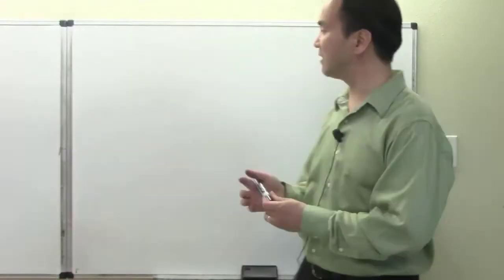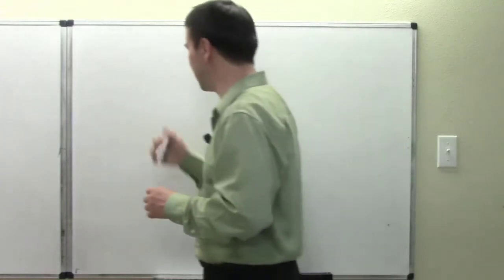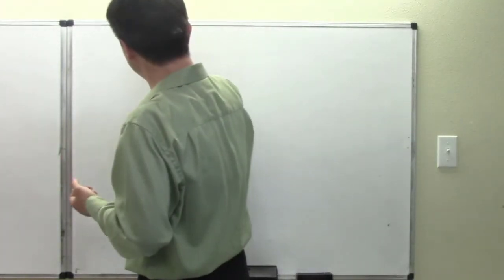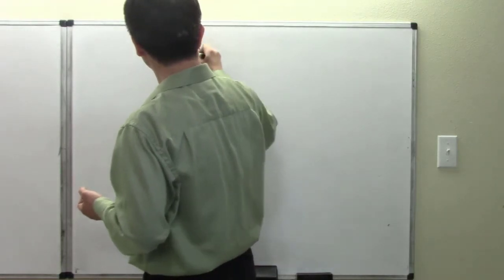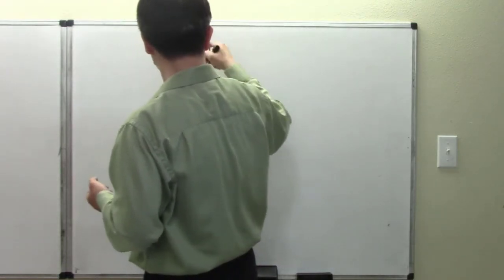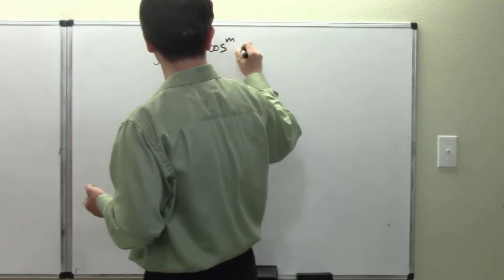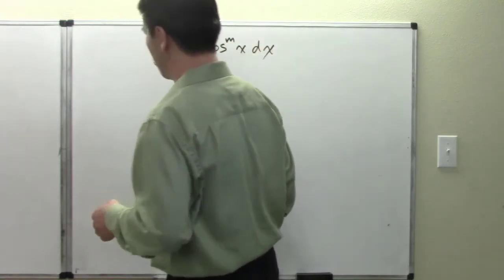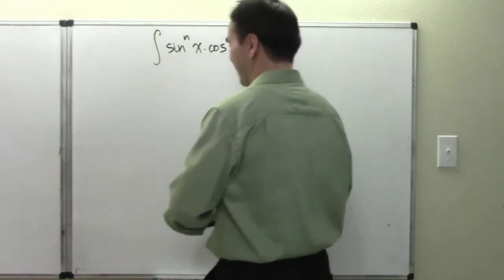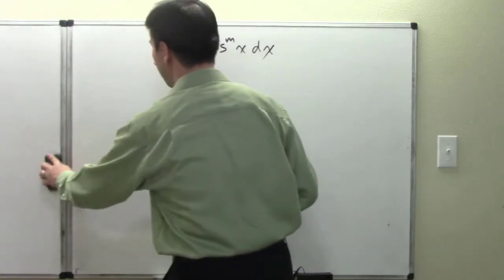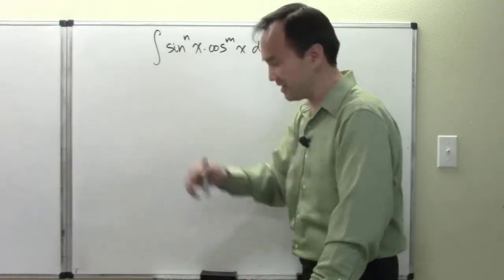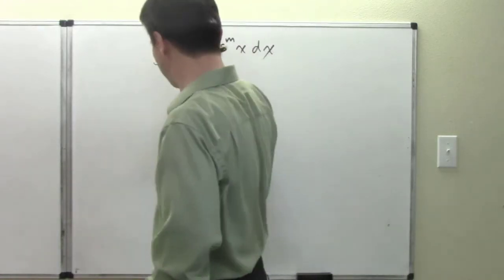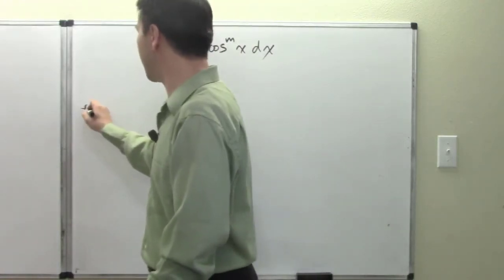All right, so let's come up with a generalization right here. Again, the kind of problem that we're getting into is a power of the sine multiplied by a power of the cosine. As long as one of the two powers here is odd, let's isolate out one case.